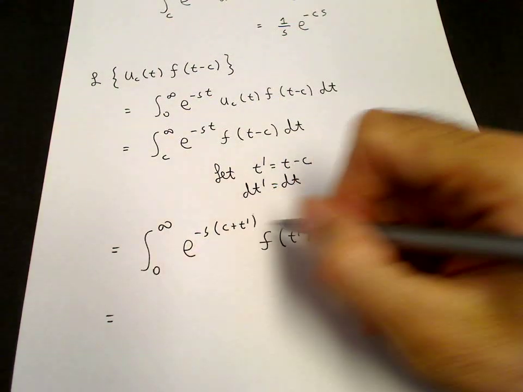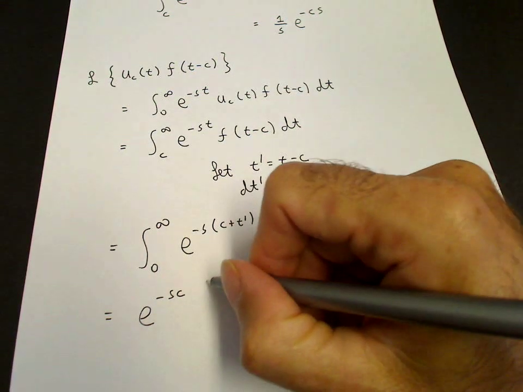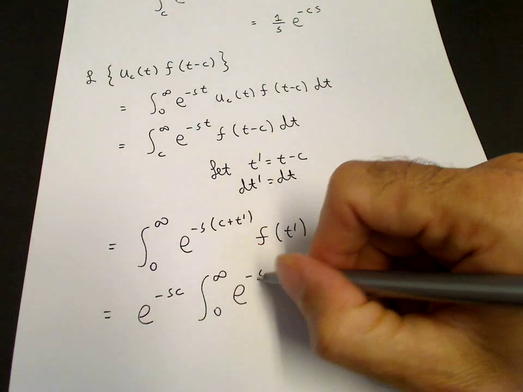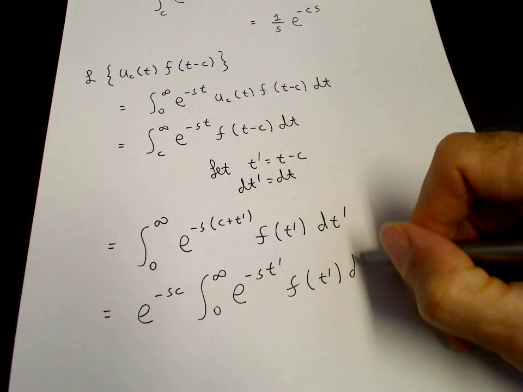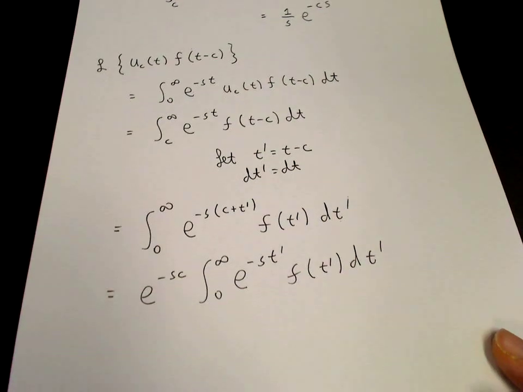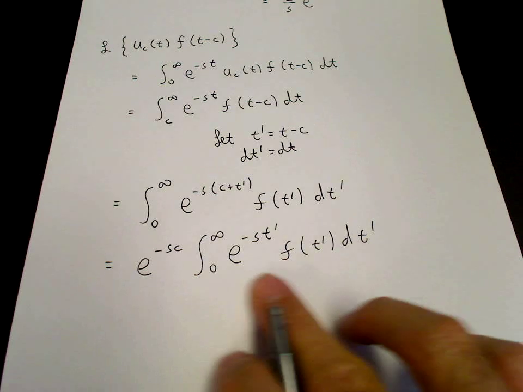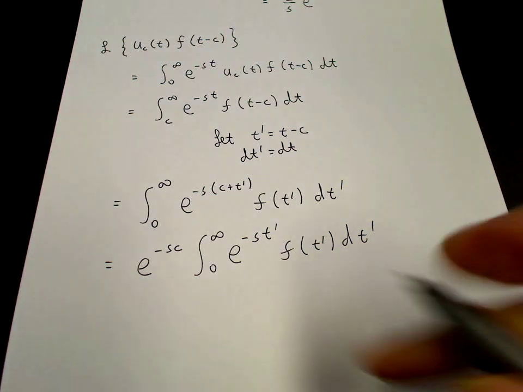And we can factor out e to the minus sc times the integral from 0 to infinity of e to the minus st prime f of t prime dt prime. And this is just the Laplace transform of f of t, right? t prime is a dummy variable.